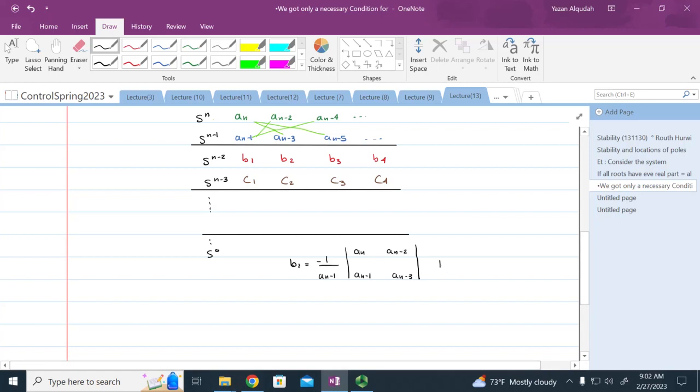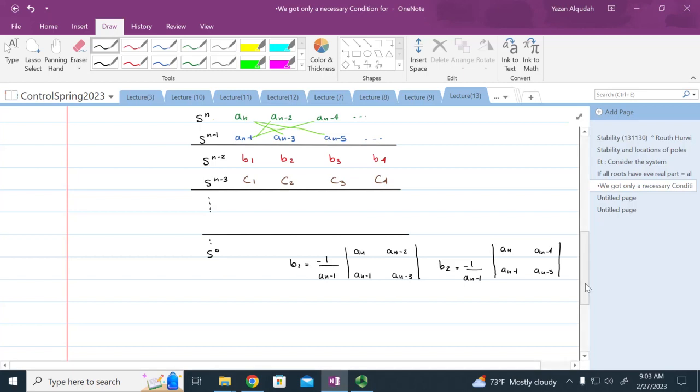B2 is going to equal negative 1 over a_{n-1}, the determinant of a_n, a_{n-4}, and a_{n-1}, a_{n-5}. And so on. B3 is going to use a_{n-6} over a_{n-7}.